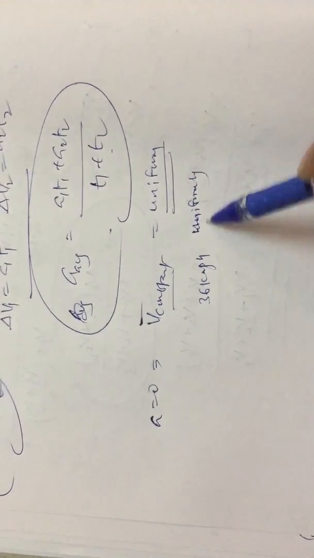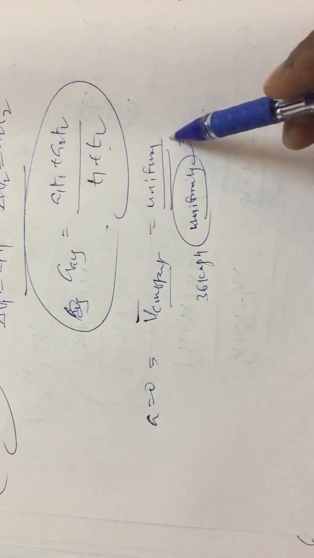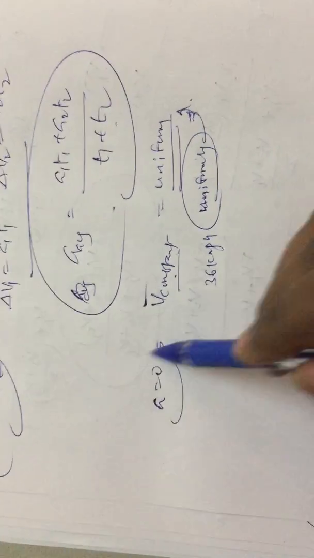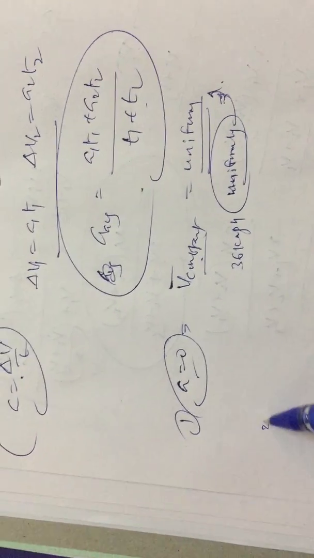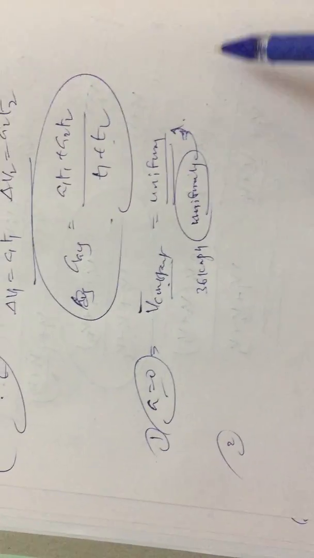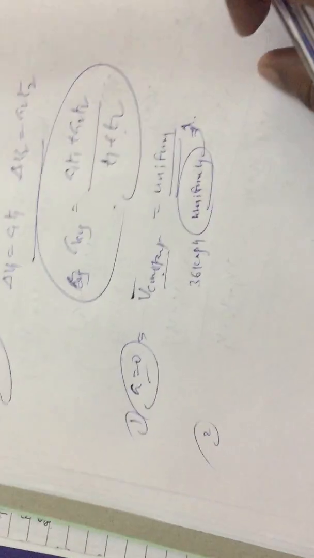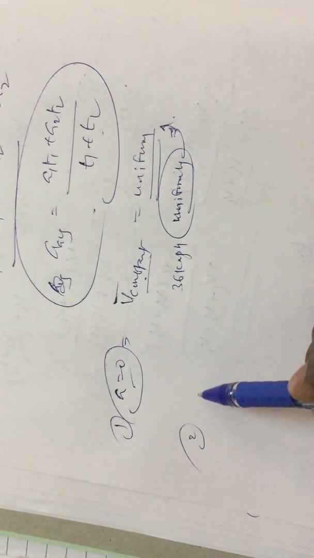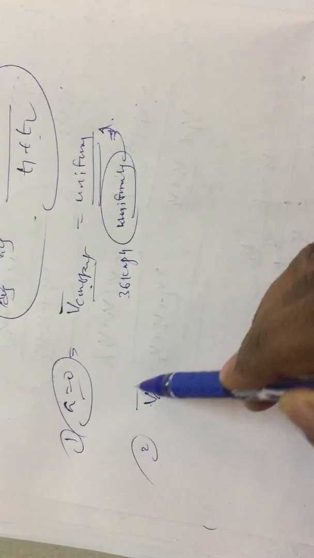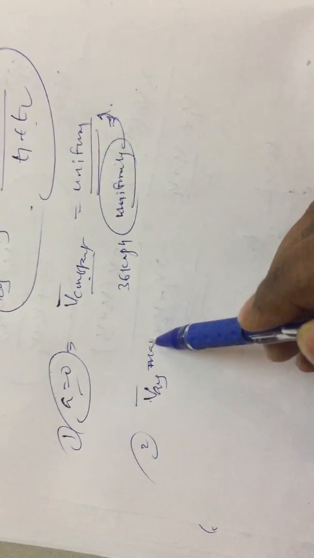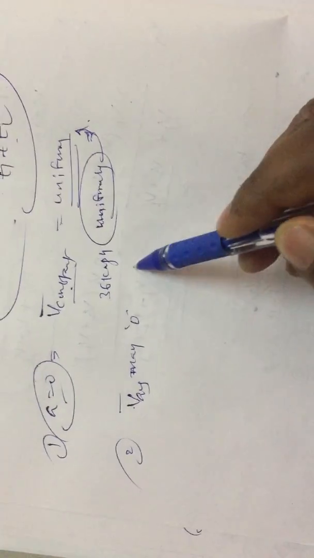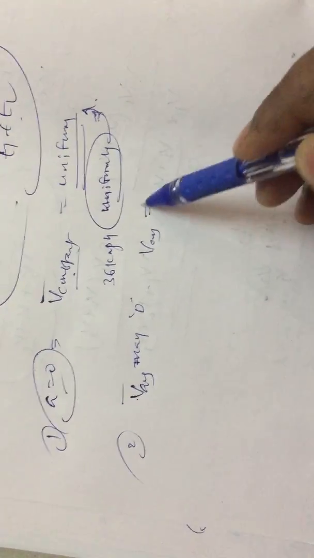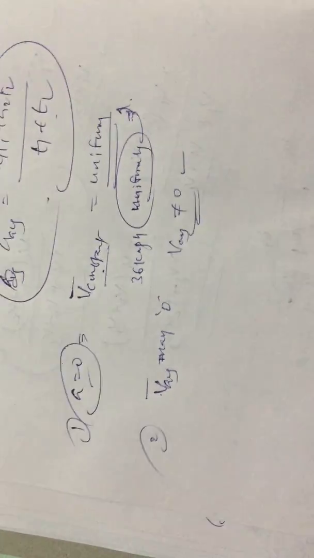If they say uniformly, you have to consider it constant, so acceleration equals 0. The second important point to remember is that average velocity may be 0, but average speed is never 0. This is one of the important points.